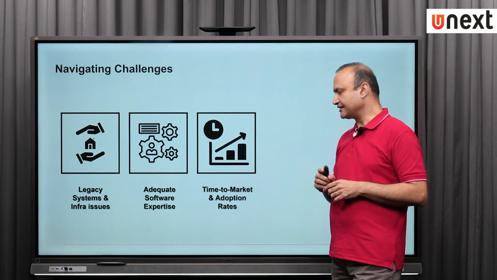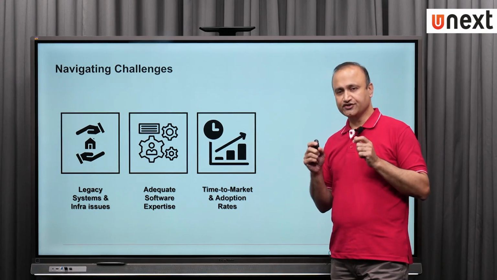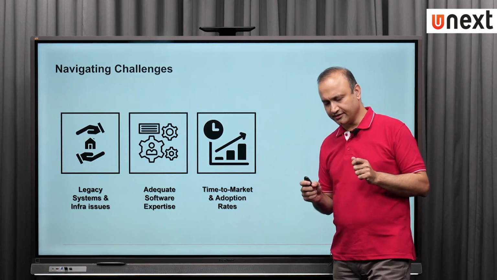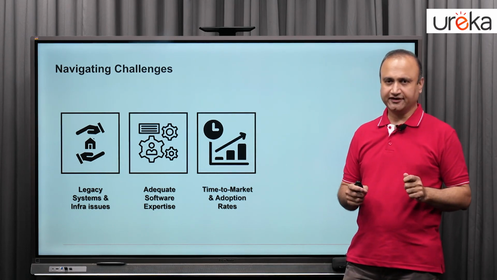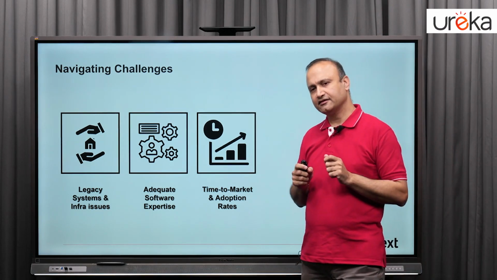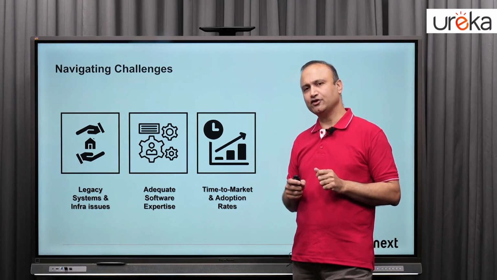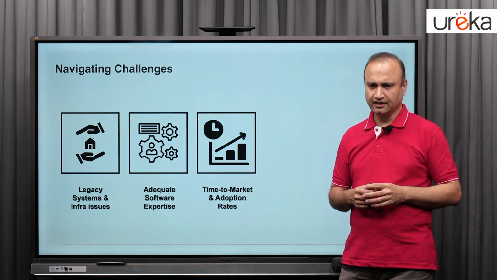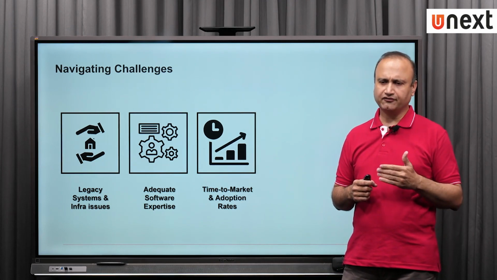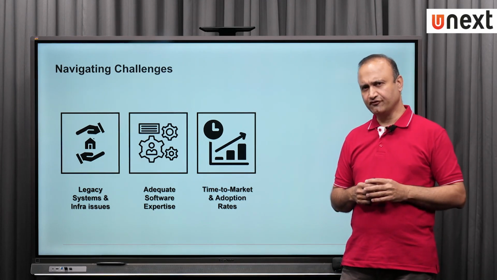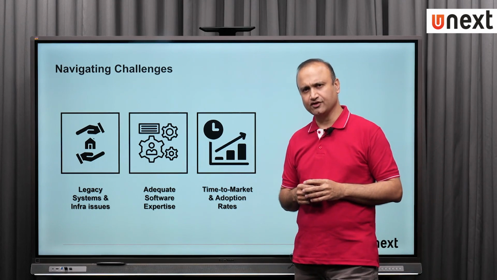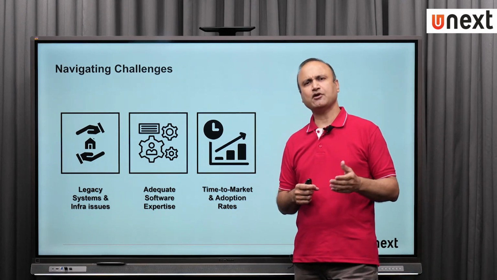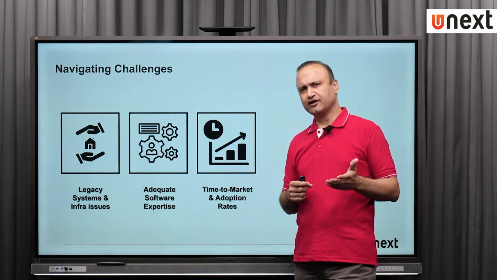The next challenge is time to market and adoption rates, because modern industry challenges are different. Today, nobody has the flexibility to wait for multiple years before a new product release can come. Just think about the kind of patches which software product organizations release on a quarterly basis. Think about mobiles.